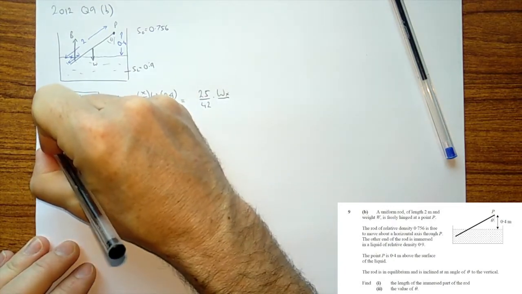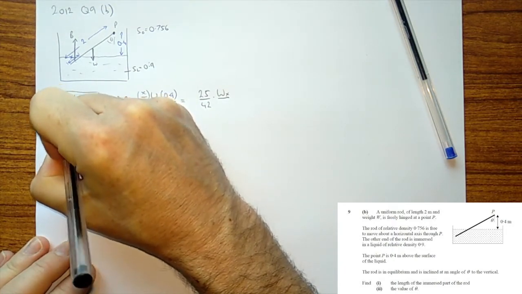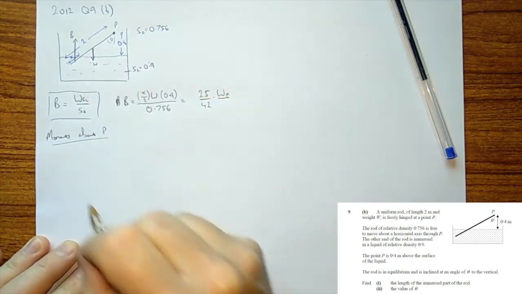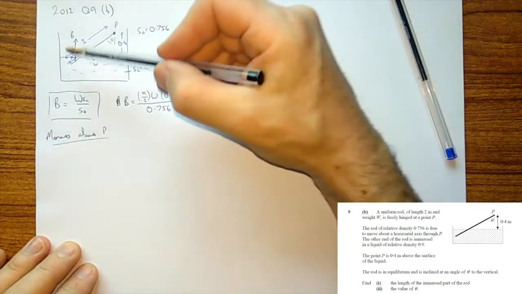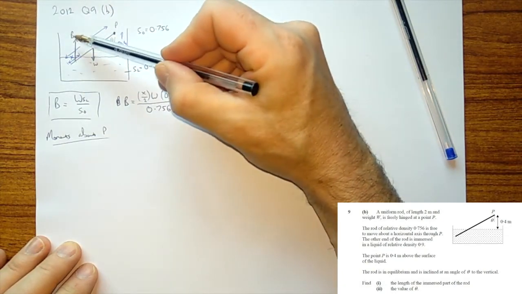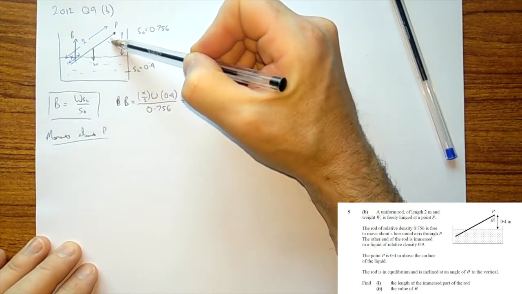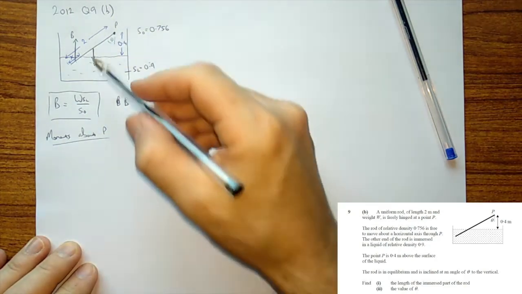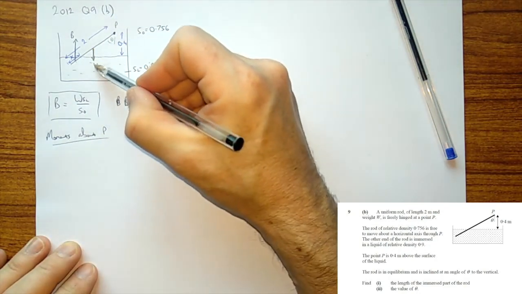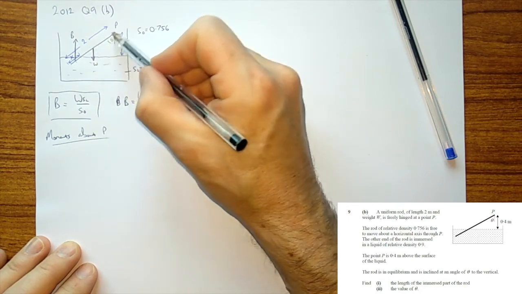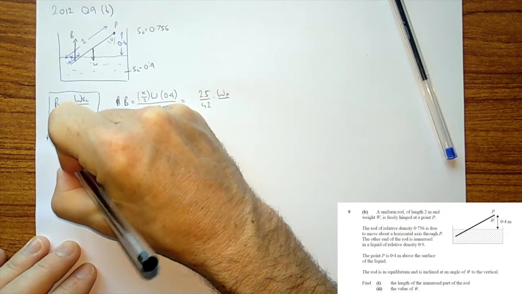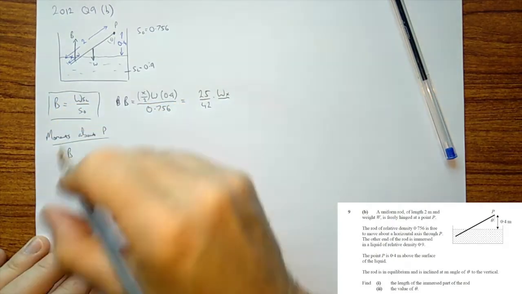Next, we're going to look at moments about P, since that's our little hinge. Well, the moment bringing it clockwise is B by this distance by opposite sine theta, and bringing it counterclockwise is W by that distance sine theta. So we have, put it in as buoyancy for the moment, just so we can see where we're going.